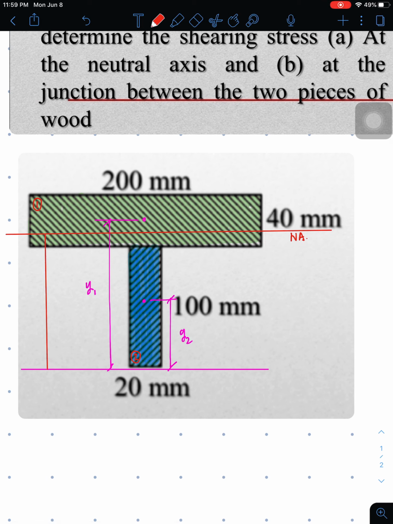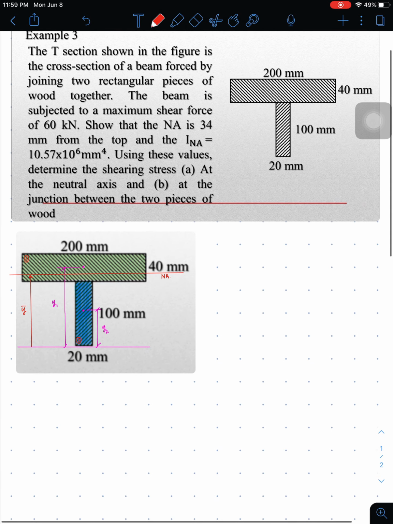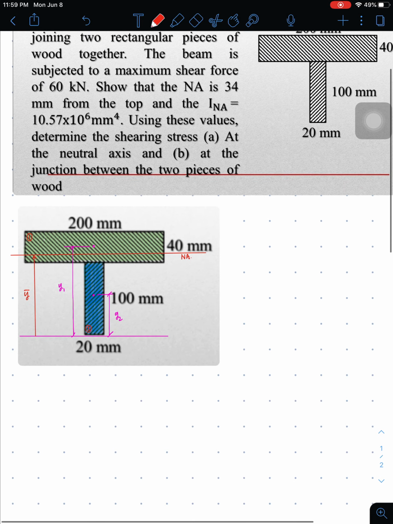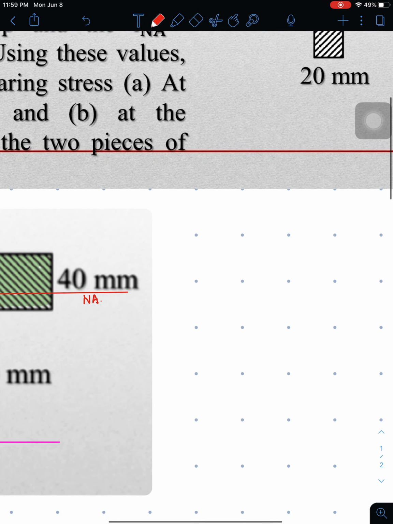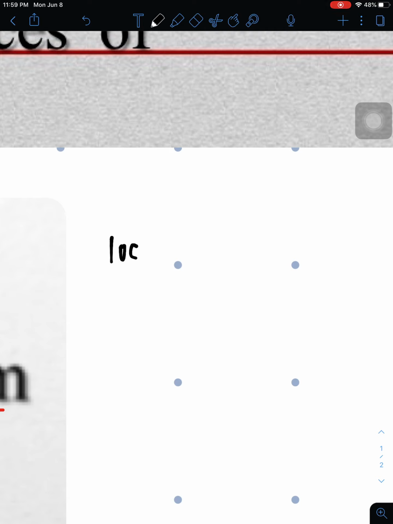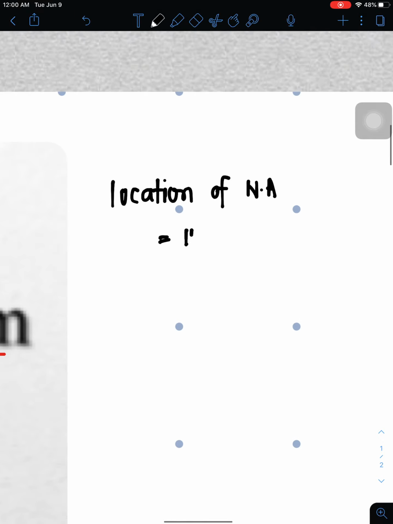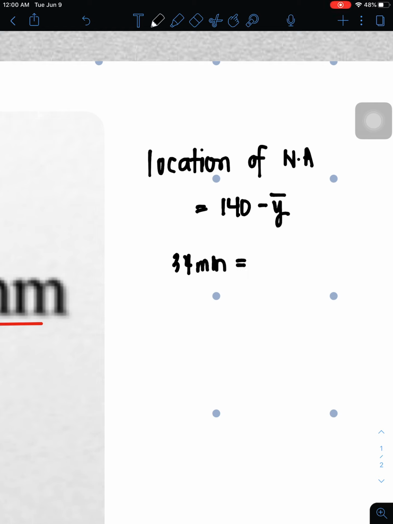And therefore, this is the barred Y. So therefore, the location of the neutral axis is the addition of 40 and 100, which is 140, minus barred Y. And we're expecting that to be 34 millimeters.